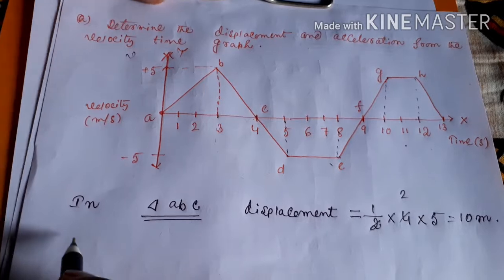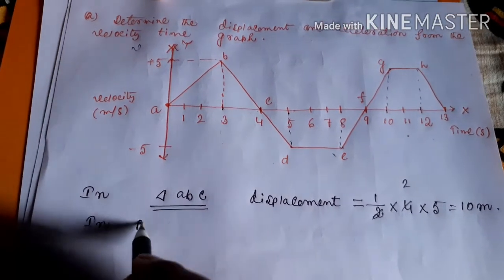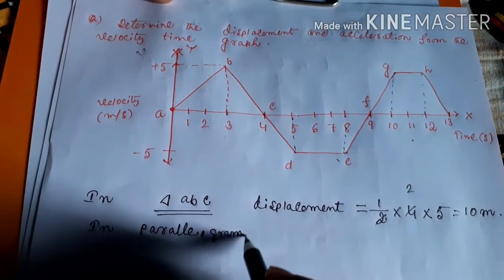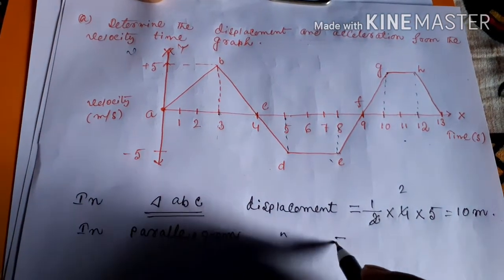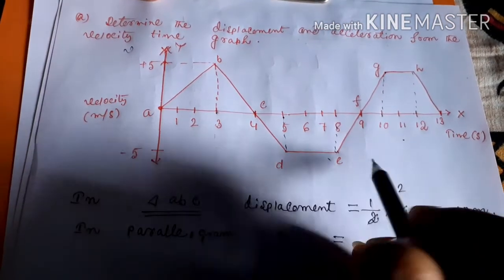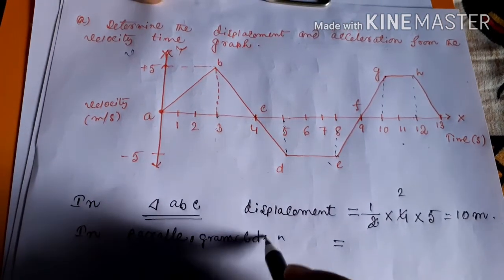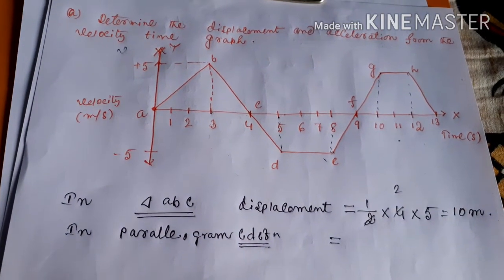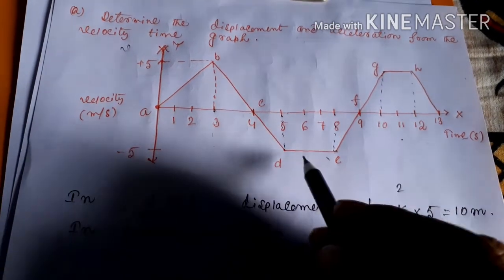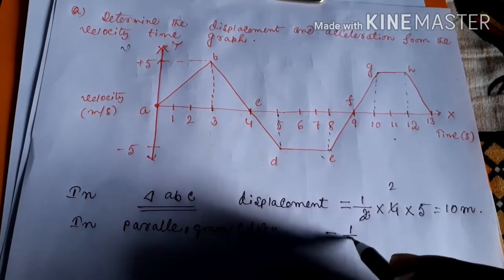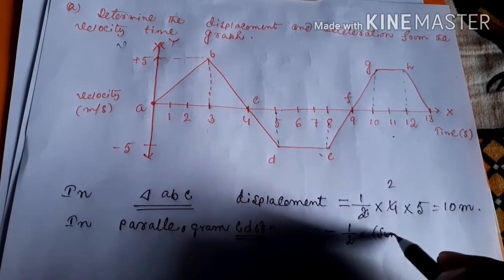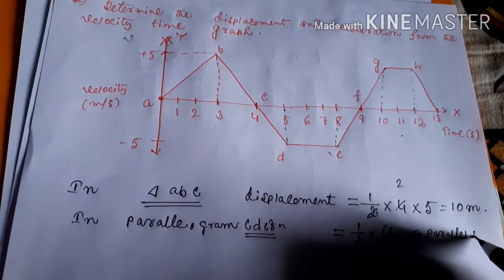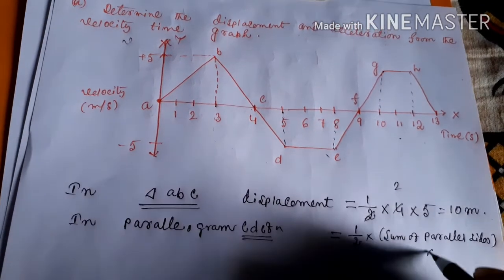Next one, the parallelogram. This one is CDEF. If you talk about this parallelogram, what is the formula for the displacement? It is half into the sum of the parallel sides into height.